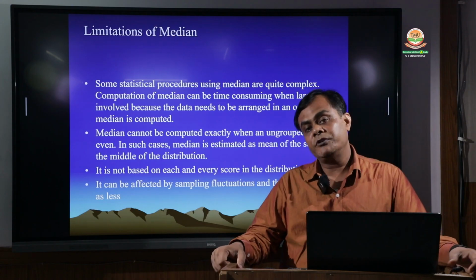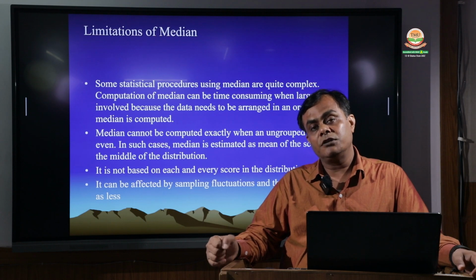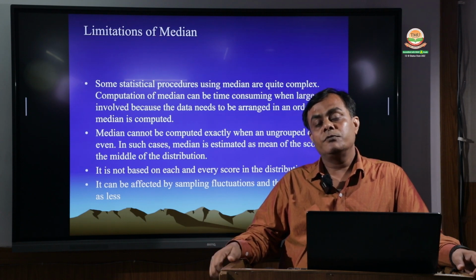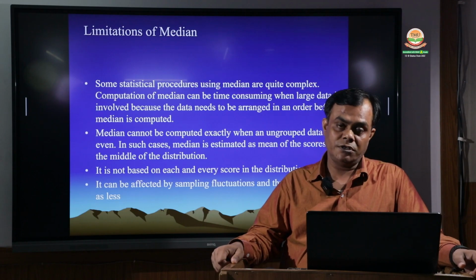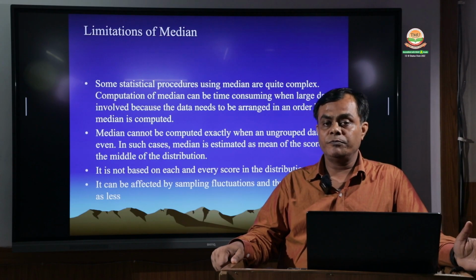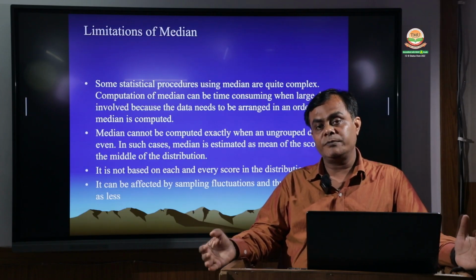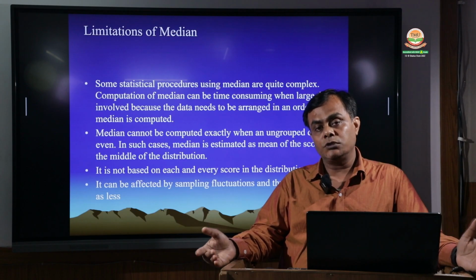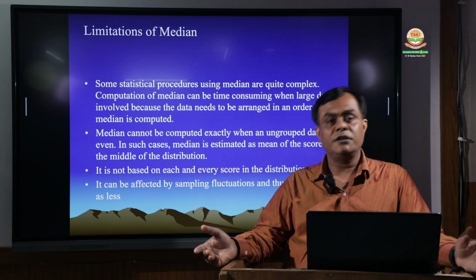So in the situation of large data, it is very tough to calculate the median value, because before calculating it we first have to arrange the data. Without arranging the data we are not able to identify the lower part and the upper part of the median, because the median divides the whole data into two parts: one part lower than that value and another part above that value.